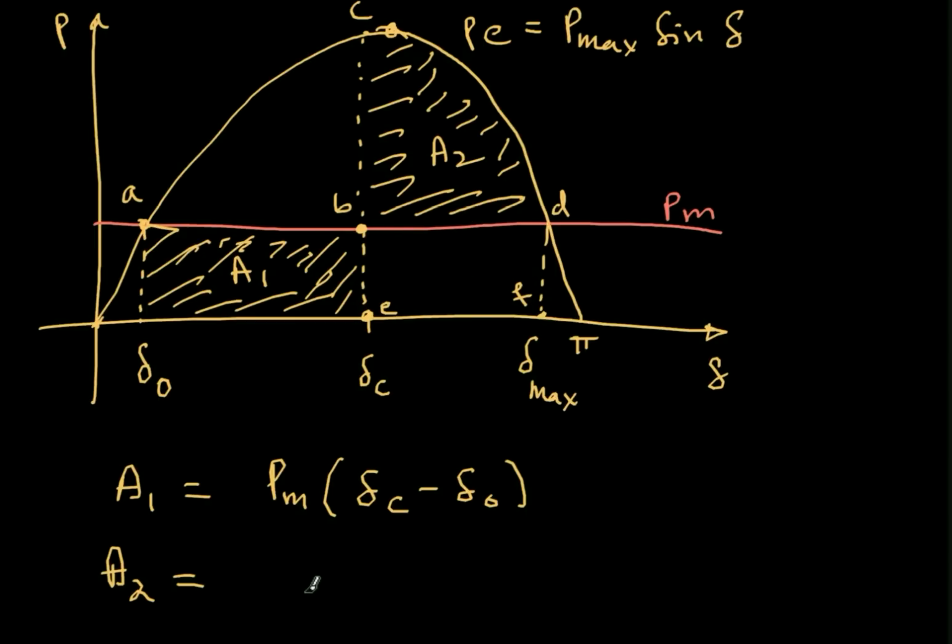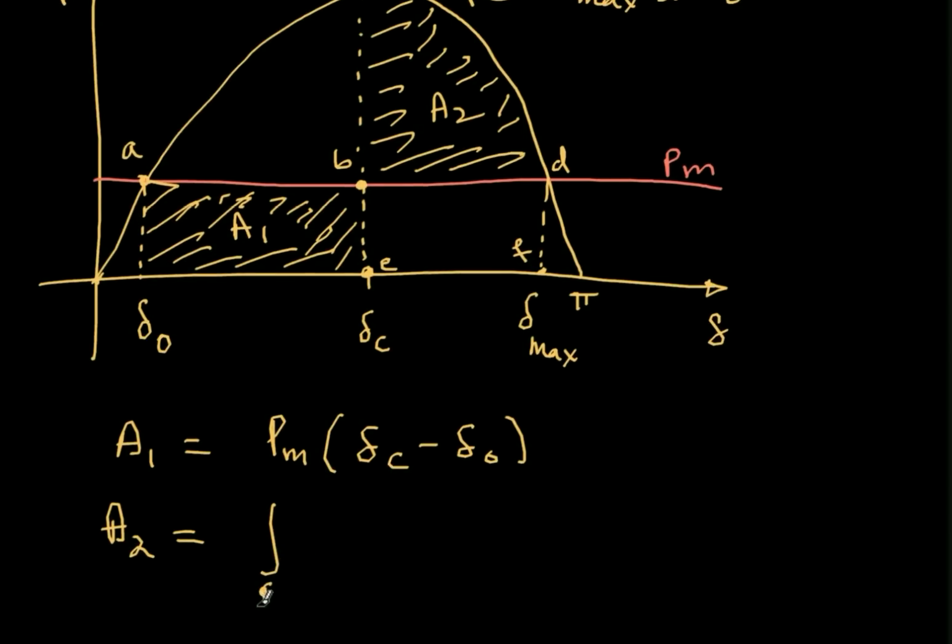If I integrate from delta C to delta max, PE minus PM, with respect to d delta, that will be the area A2. So I want to do this now.